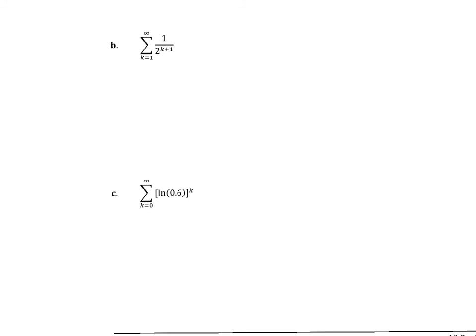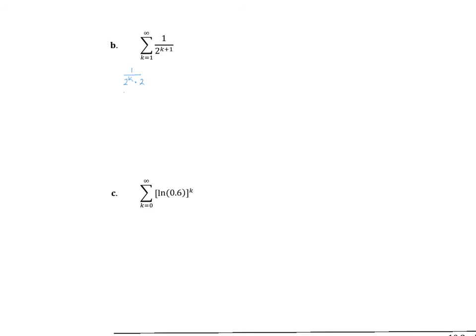In this next series, it's kind of hard for me to see if it's a geometric series. So I could try to write this in the proper form, a times r to the k. What I do notice is that the denominator is going to be 2 to the k times 2.